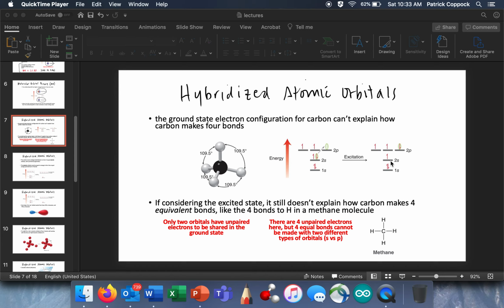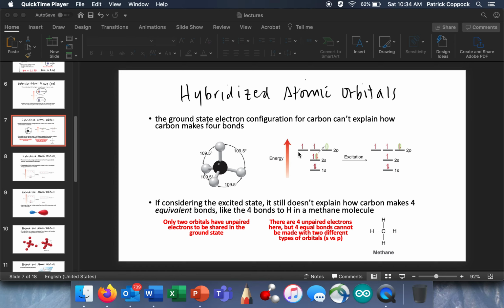All right, so we know that methane is CH4, and we know that bonds come from the sharing of electrons, right? And we know that the orbital diagram of carbon is here, 1s2, 2s2, 2p2, right?